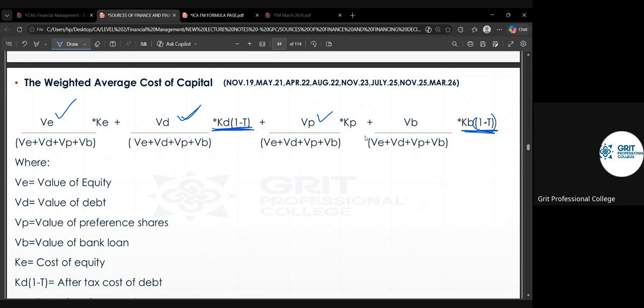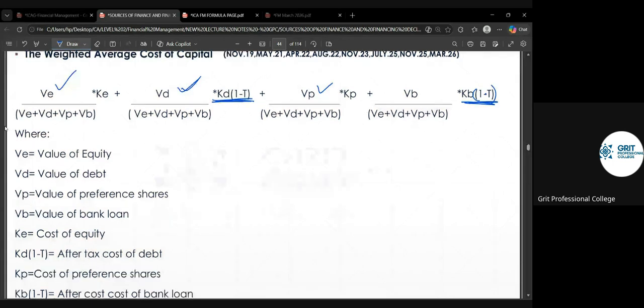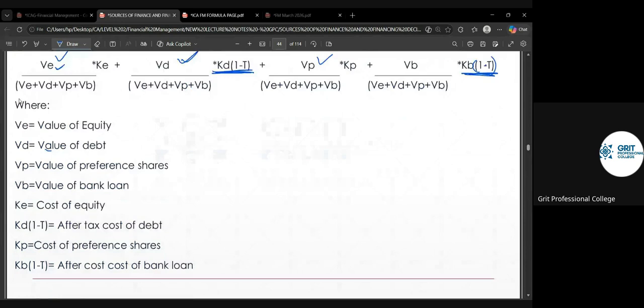Here we are just trying to explain what these things you are seeing here mean: VE, KE, VD, VP, VB. VE is the value of equity. VD is the value of debt. VP is the value of the preference shares. VB is the value of the bank loan. KE, like we know, is the cost of equity.